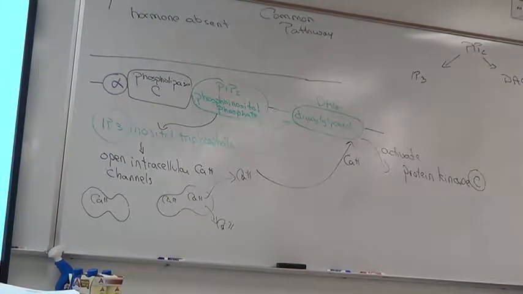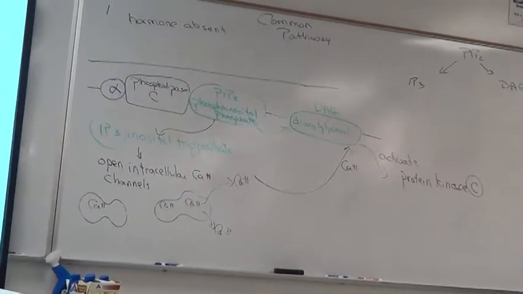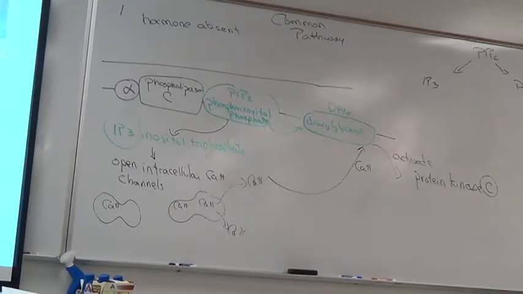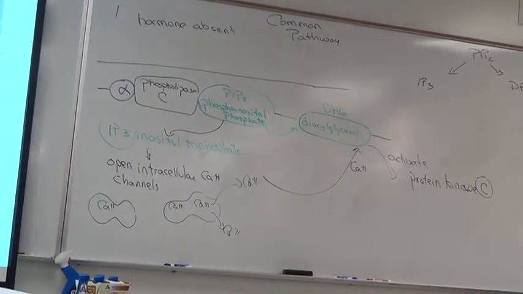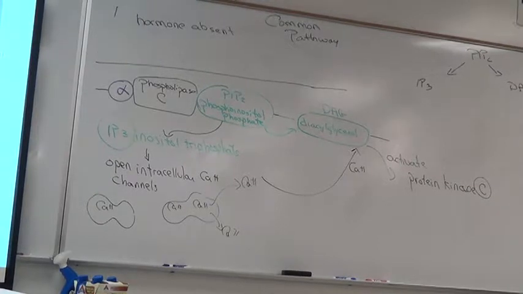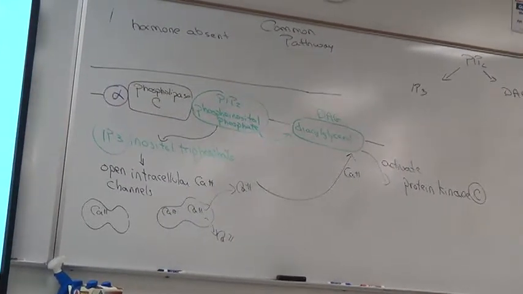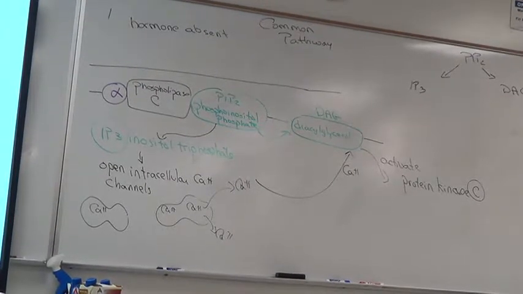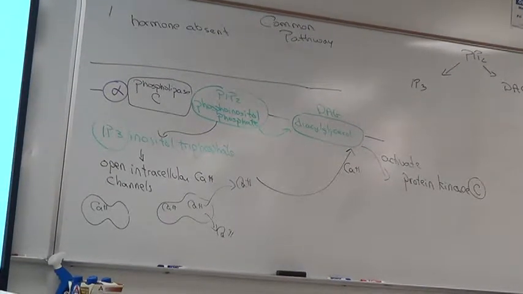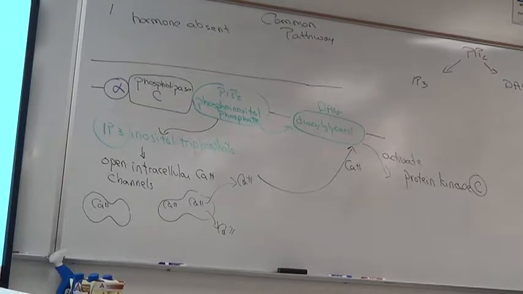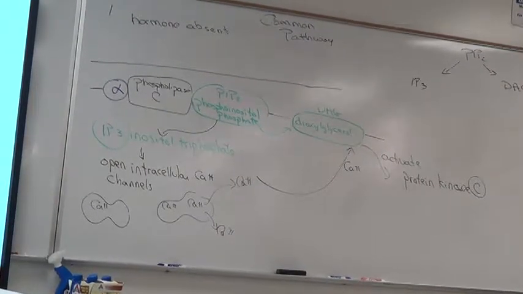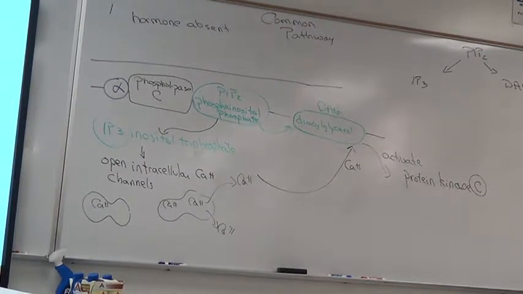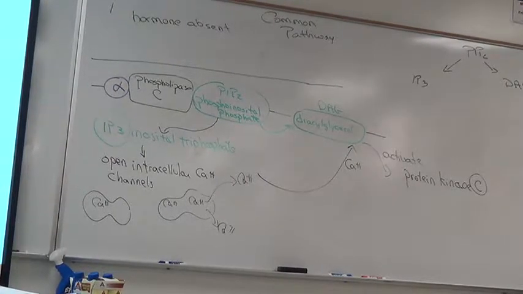So now, anytime we have extra steps, it does two things, okay? It provides further amplification, so it increases the overall effect, the size of the response, and it provides extra control. It provides extra places where we can stop it, extra places where we can regulate it.